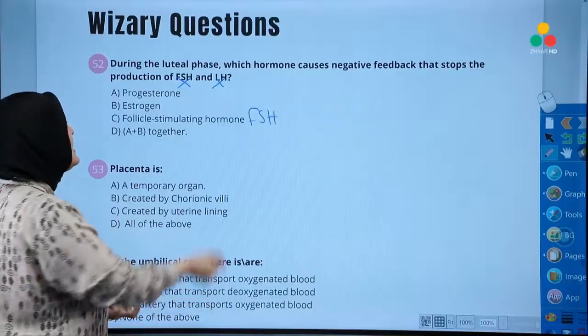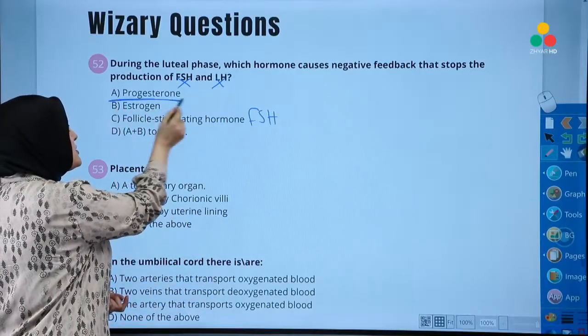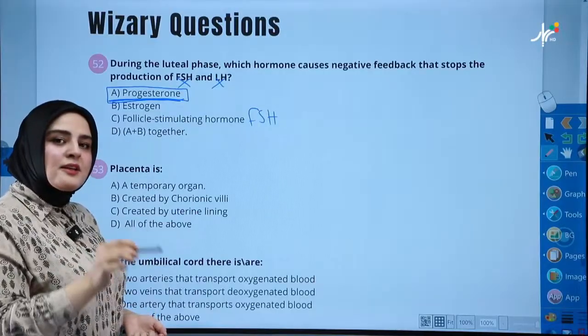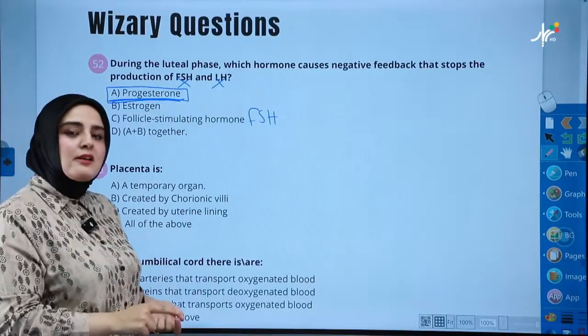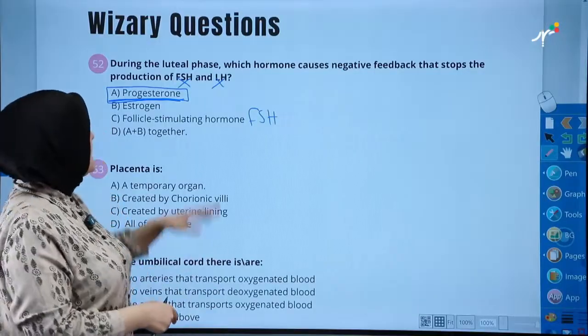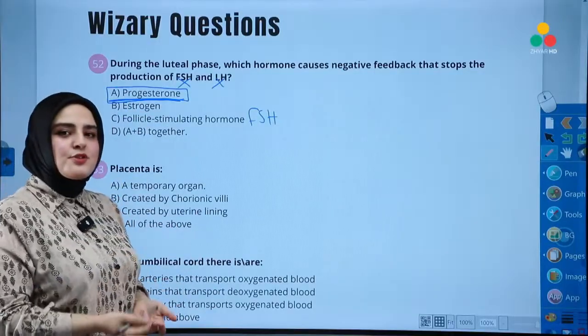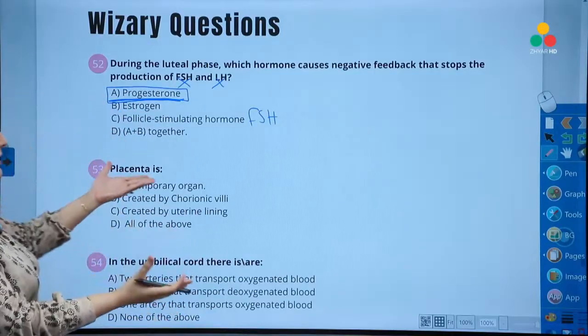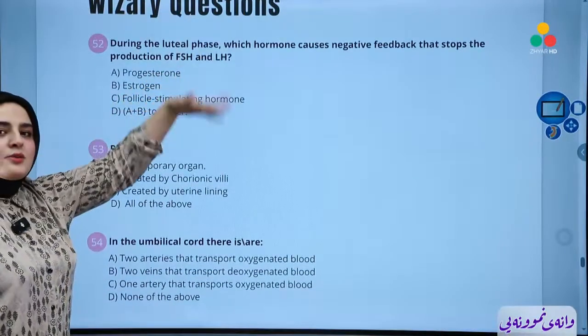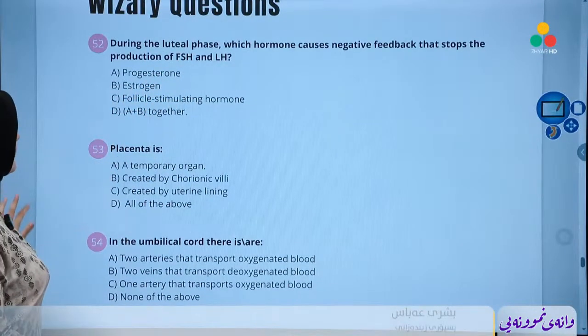It's because of the production of progesterone. This is our answer. Progesterone will not be produced unless the corpus luteum was made, which is an indication of a successful ovulation. That's why our choice is going to be progesterone. This is the reason why these 2 are going to lower down in the luteal phase.